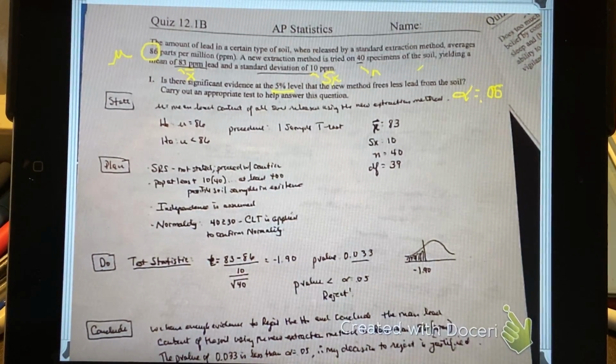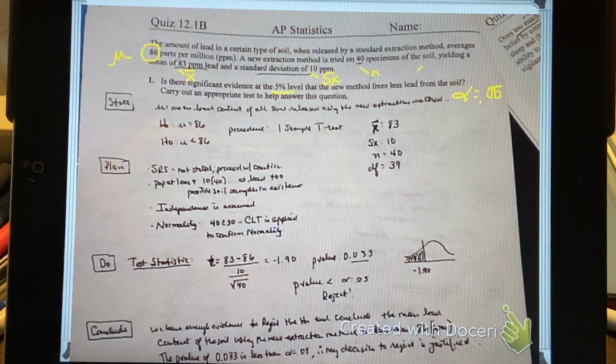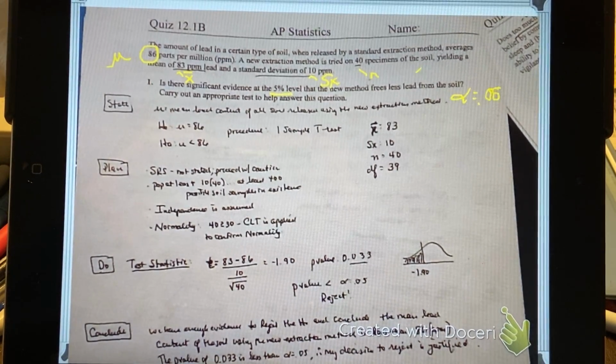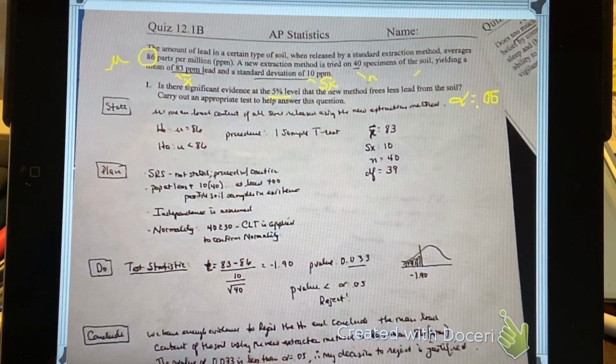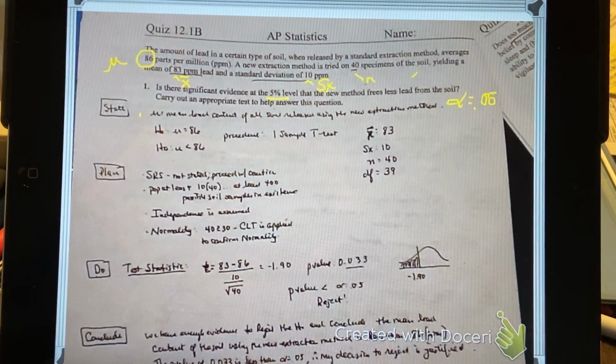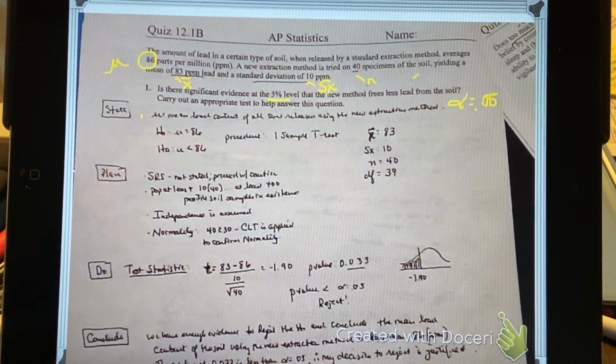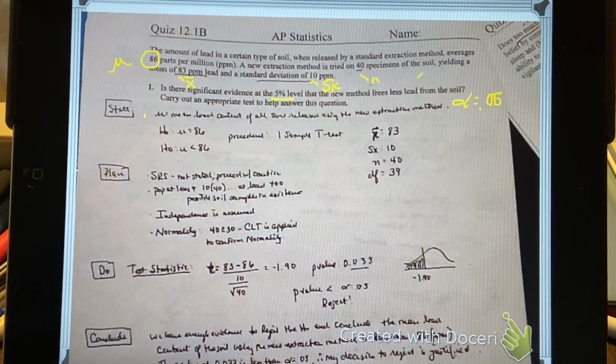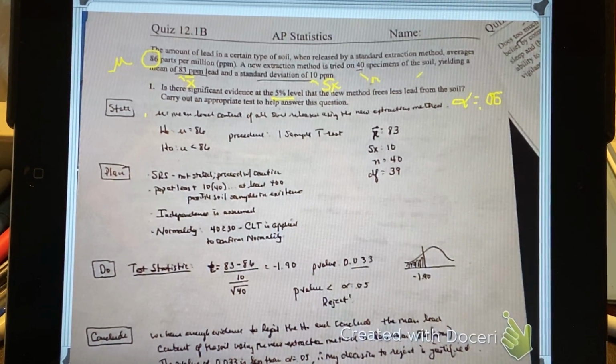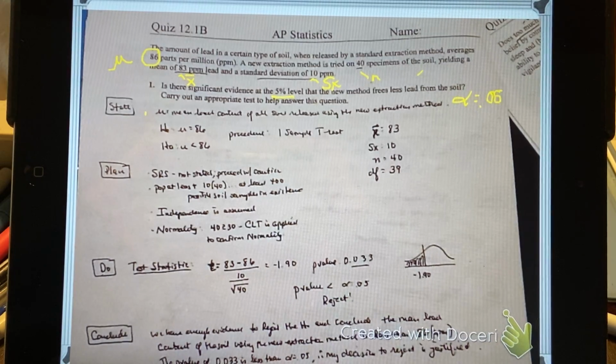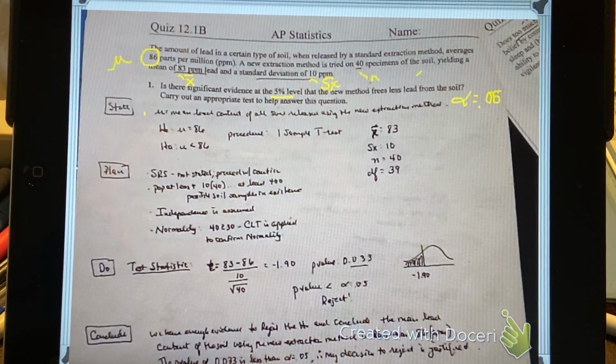So is this a better method? Okay, and so here, just identifying the parameters. So step 1, state: mu is equal to the mean lead content of all soil released using this new extraction method. You have to identify mu.